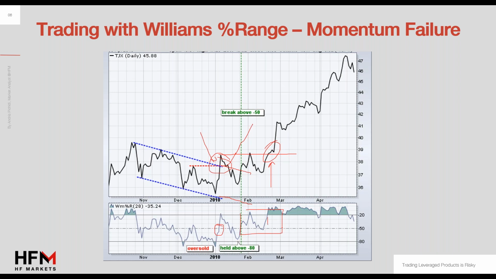So that's why you need to be careful, because there might be some false alarms. Always combine it with breakouts of support and resistance levels, price action analysis, and so on and so forth.